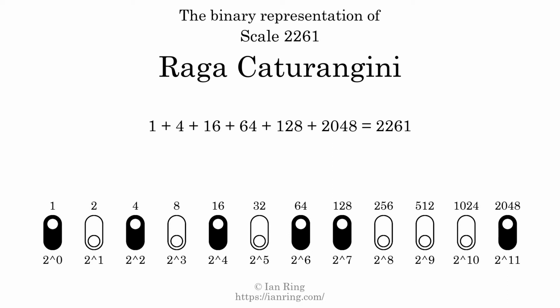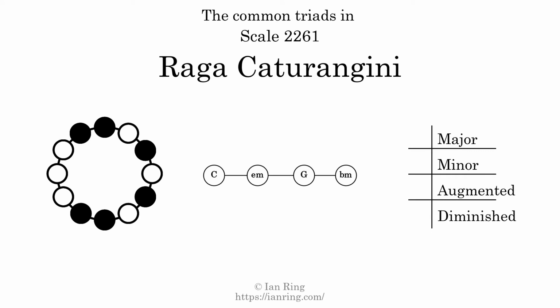That is why the scale number, in decimal, is 2261. The scale number not only enumerates the scale with a unique index, but it also literally describes the tonal content of the scale. Represented as a binary number in base 2, the scale number is 100011010101.